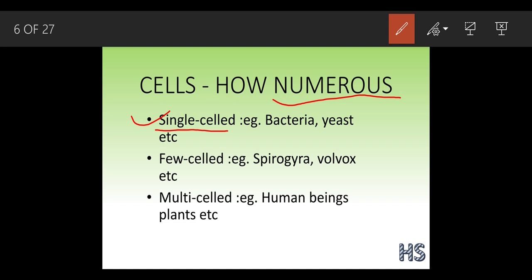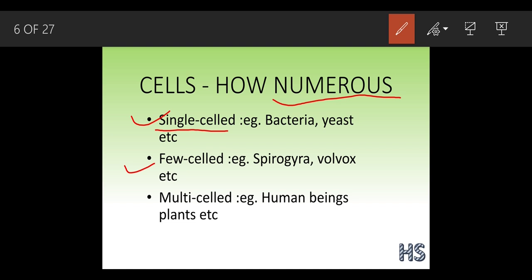Now there are some few-celled organisms also, like Spirogyra and Volvox. These have just a few hundred or a few thousand cells. They are quite more in number than the single-celled, but not than the multicellular.